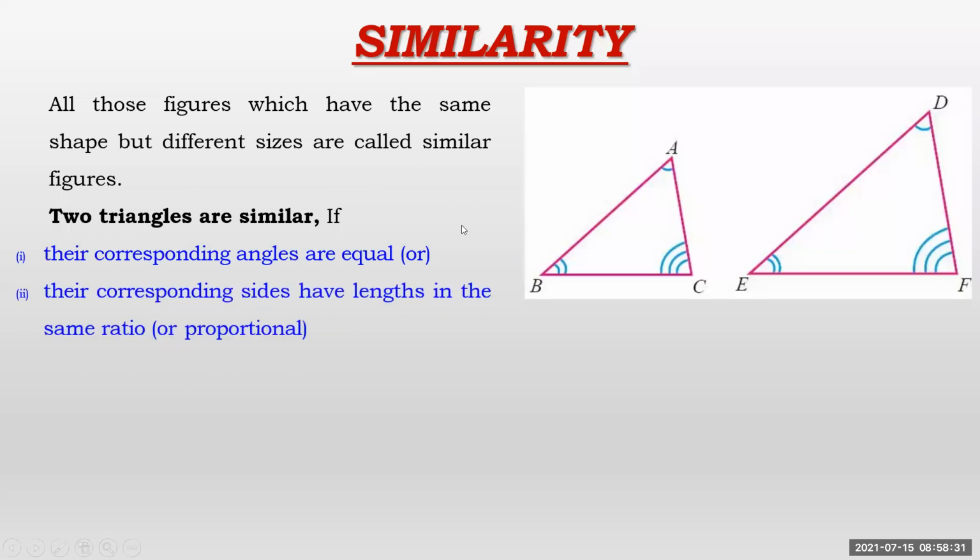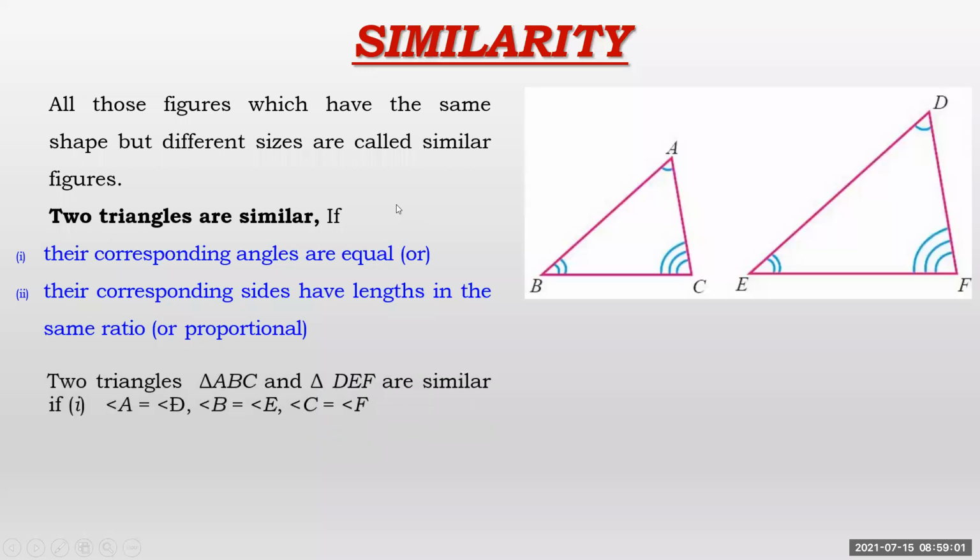Their corresponding sides have lengths in the same ratio, means the sides should be in proportion. For similarity of triangles, what two conditions are there? The angles should be equal and the sides should be in proportion.